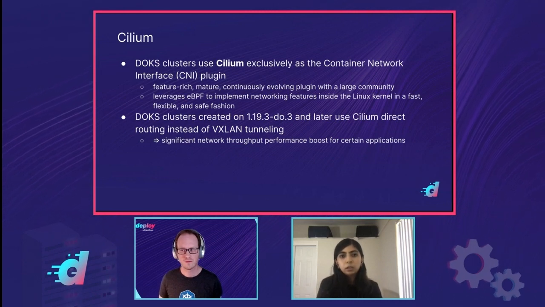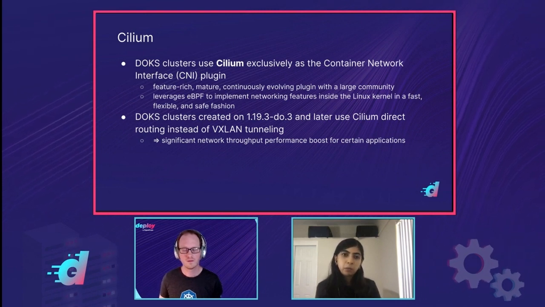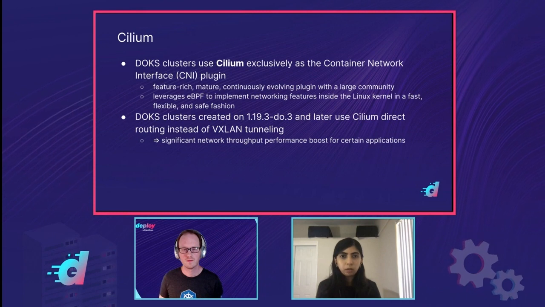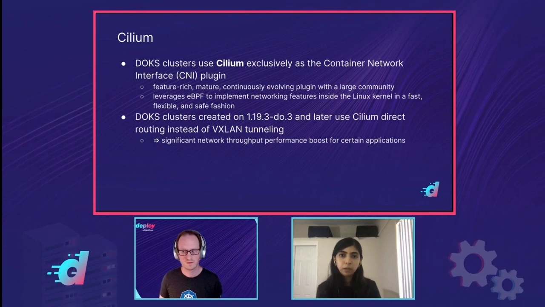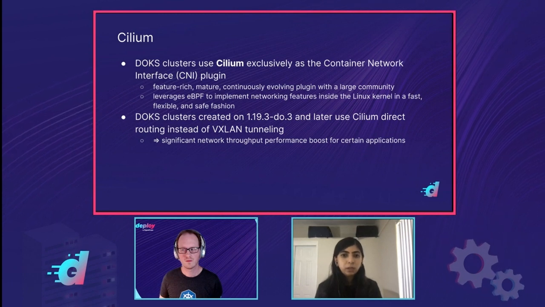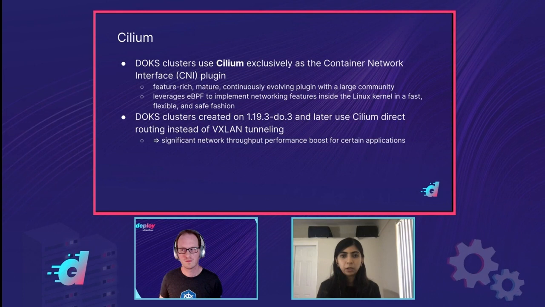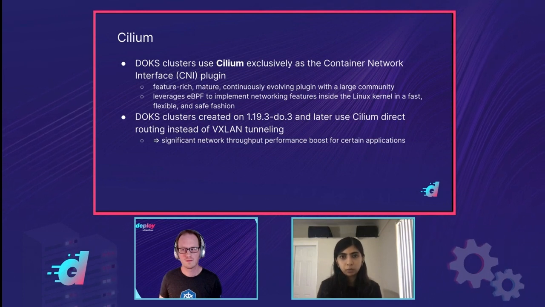The advantage that this provides over the default VXLAN mode is that the packets emitted from your internal workloads need not be encapsulated with VXLAN MTU headers. So this reduces the overhead, and for certain kinds of applications, this increases the network throughput.